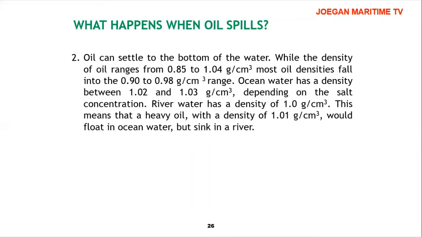Ocean water has a density between 1.02 and 1.03 grams per cubic centimeter, depending on the salt concentration. River water has a density of 1 gram per cubic centimeter. This means that a heavy oil with a density of 1.01 grams per cubic centimeter would float in ocean water but sink in a river.